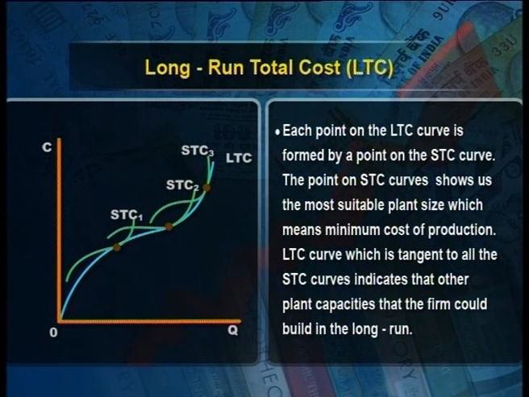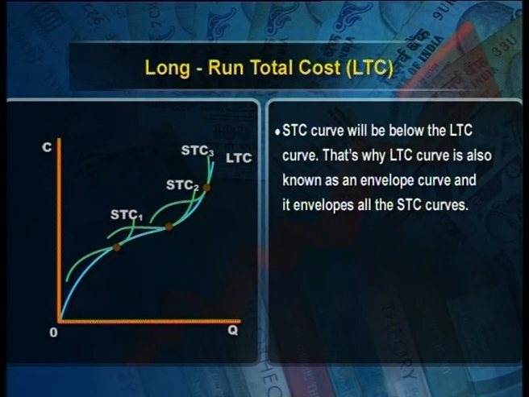The point on the STC curve shows us the most suitable plant size, which means minimum cost of production. LTC curve, which is tangent to all the STC curves, indicates other plant capacities that the firm could build in the long run. Always remember, STC curve, that is the short-run total cost curve, will be below the LTC, that is long-run total cost curve.